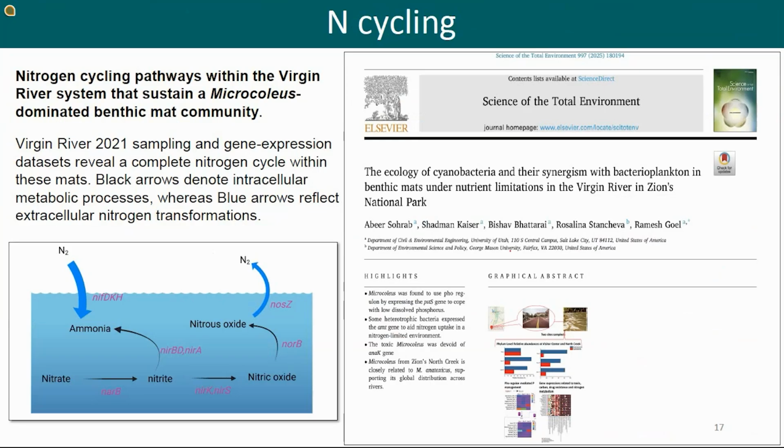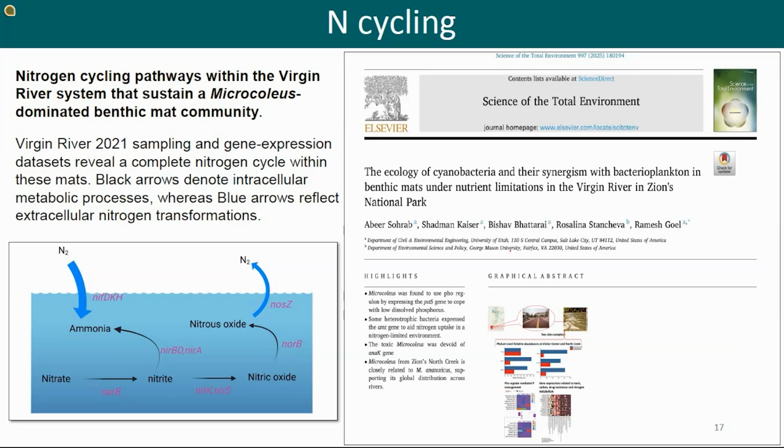We also find some denitrifiers denitrifying the system. However, that nitrogen was getting backed into the system through the expression of nif, nitrogen-fixing genes. So we see a complete internal cycle, and this shows that internal mat cycling can be responsible for the proliferation of Microcoelius in nitrogen-limiting conditions.